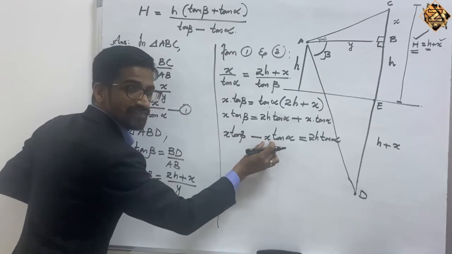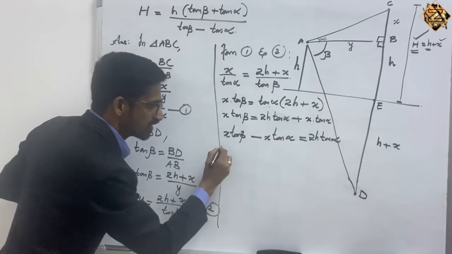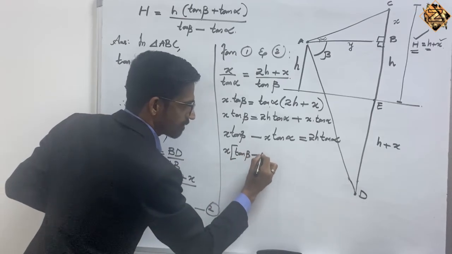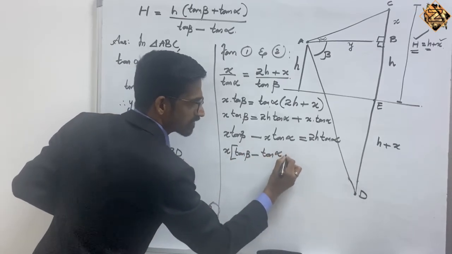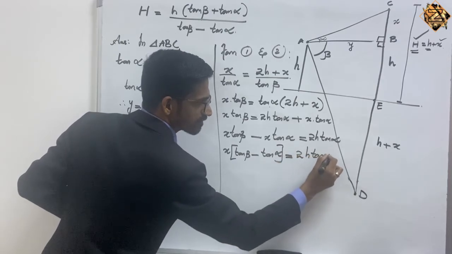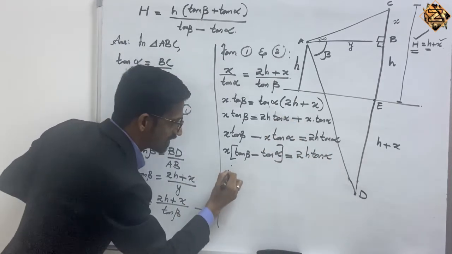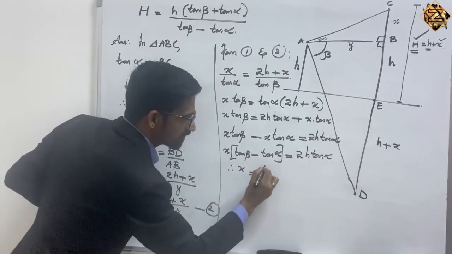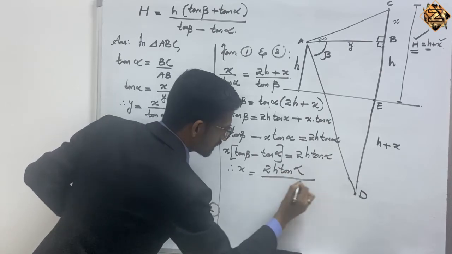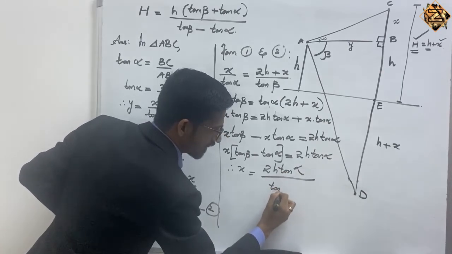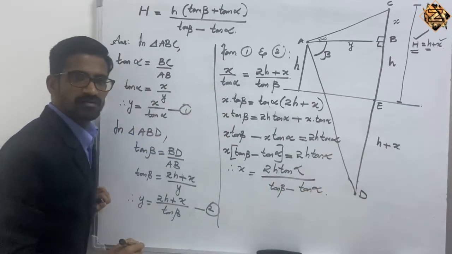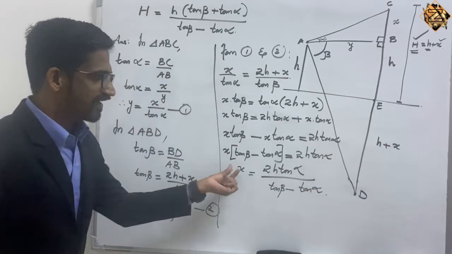Now take x outside the bracket: x into tan beta minus tan alpha equals 2h tan alpha. Therefore, finally, x equals 2h tan alpha by tan beta minus tan alpha. Now we got the value of x.